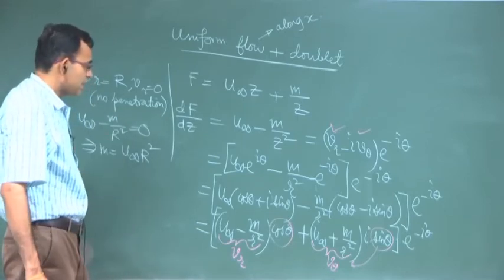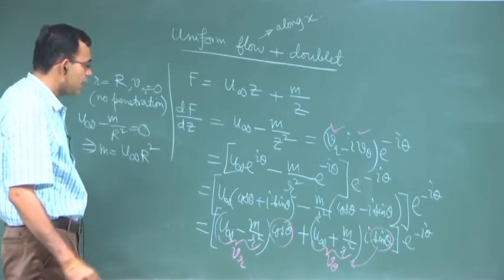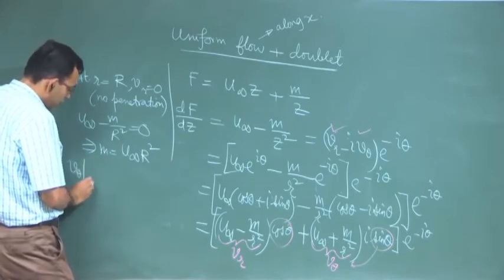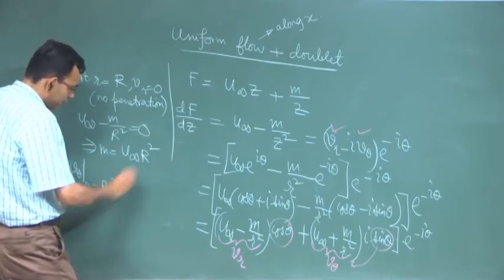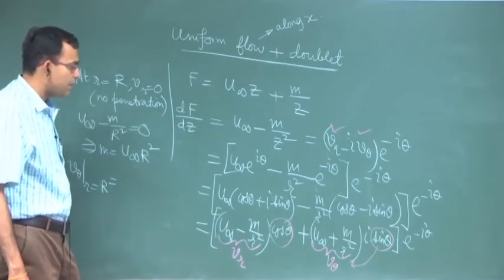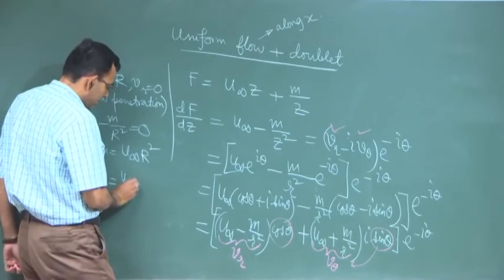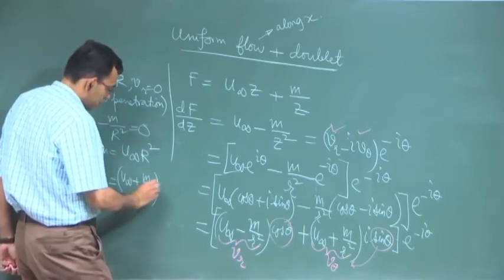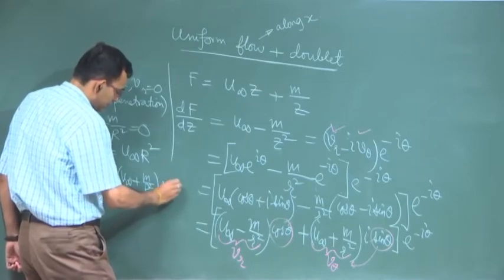So, this is the first thing. Then what is V theta? At small r equal to capital R, V theta is u infinity plus m by r square sin theta.